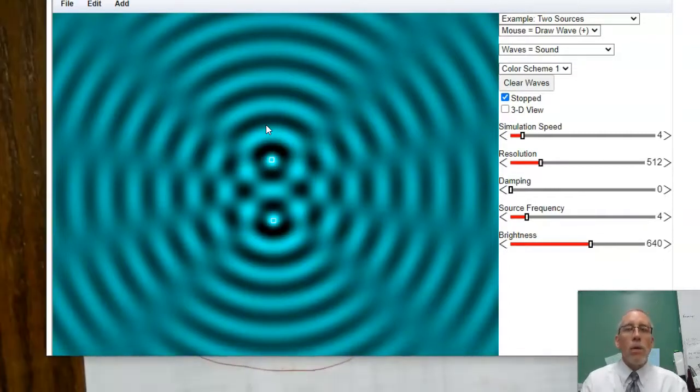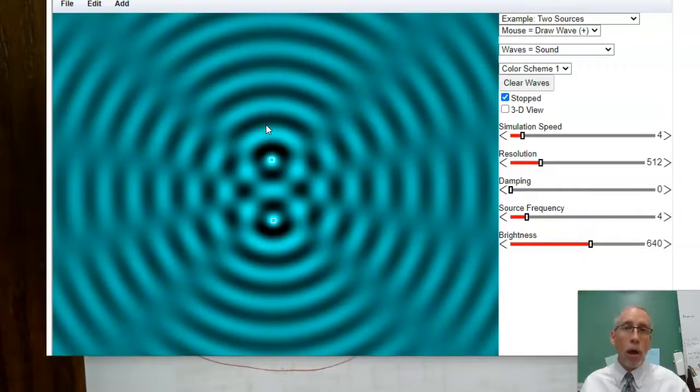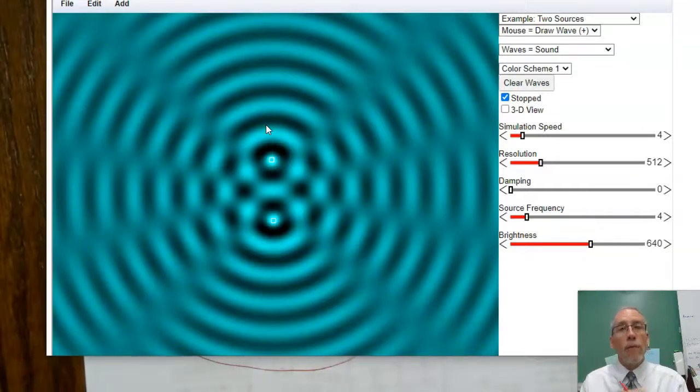If we have two sources of waves, at some point some of these waves are going to meet at the same point on the medium at the same time. What we saw in the previous video is that we call that interference. If we have two crests or two troughs interfering, we make a really big crest or a really big trough. But there are some areas where the crest from one meets the trough of the other.